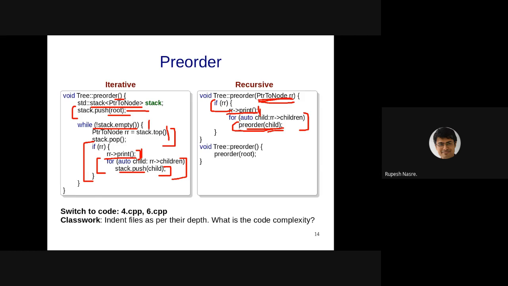Mayank says cause n into n plus 1 by 2 for spaces plus n for nodes. And yes, for recursive only constant work per node, as we can keep track of it using indent variable at each call. That is correct.